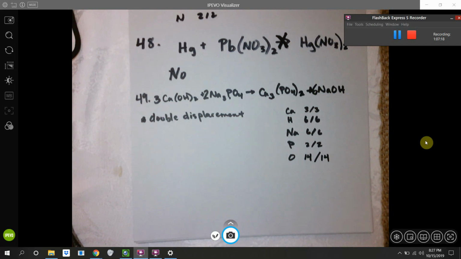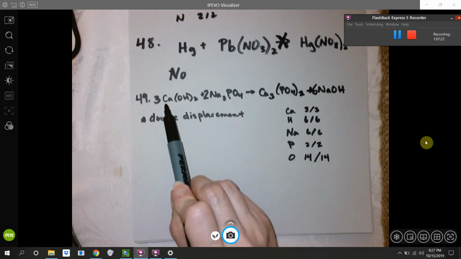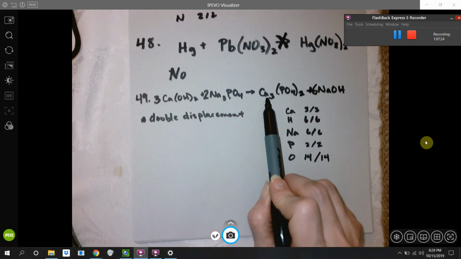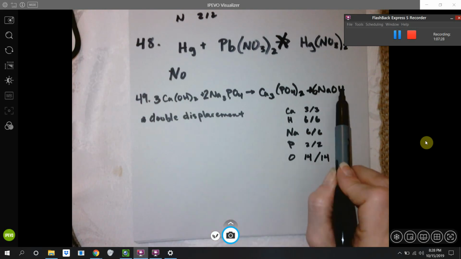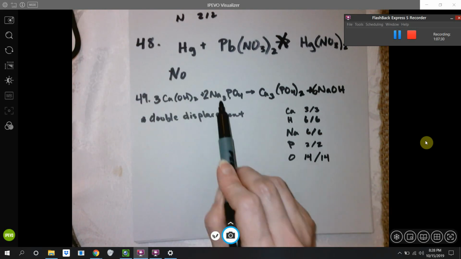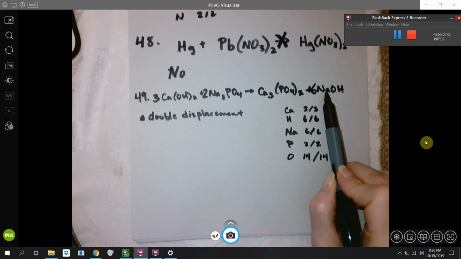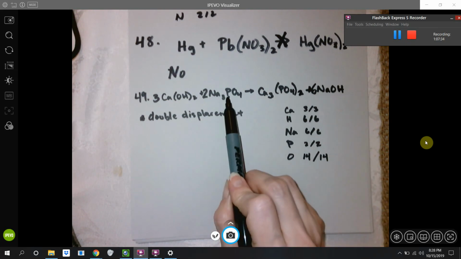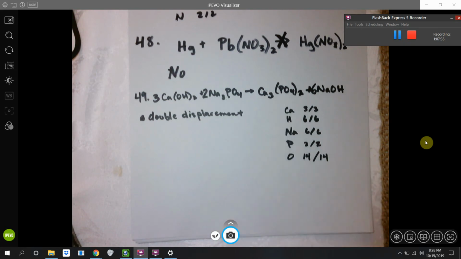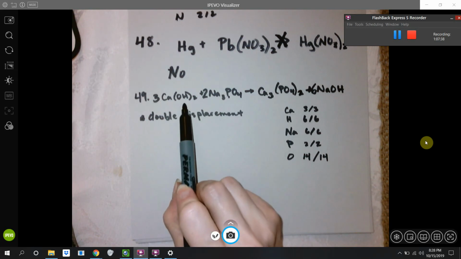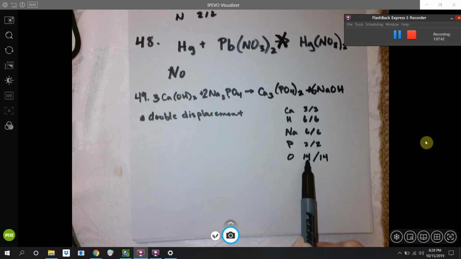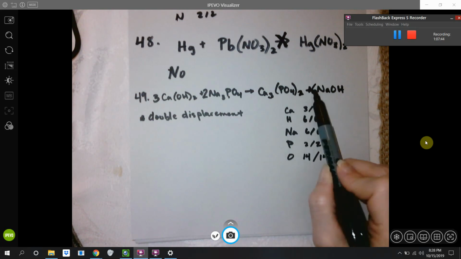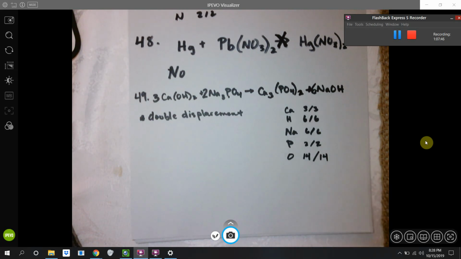So it looks like we're balanced, but let's do our last check. 3 calciums, 3 calciums. 6 hydrogens, 6 hydrogens. 6 sodiums, 6 sodiums, 2 phosphorus, 2 phosphorus, and 6 plus 8 oxygens gives us 14, and 8 plus 6 more oxygens gives us 14, so we're all set.